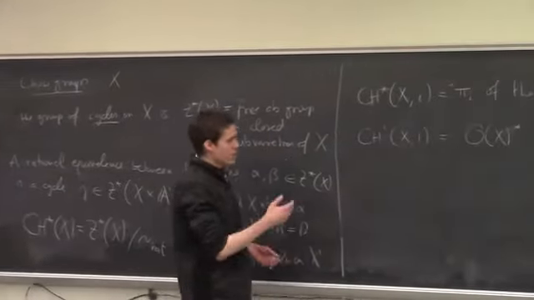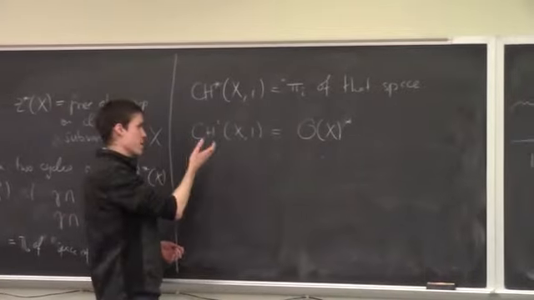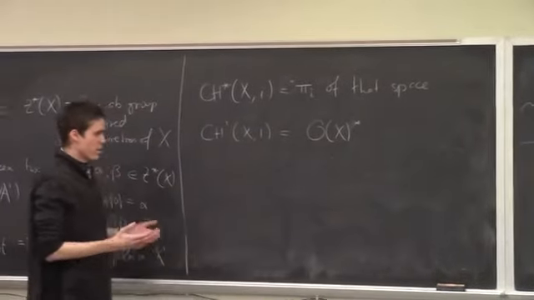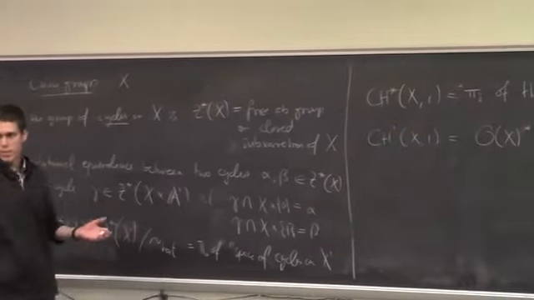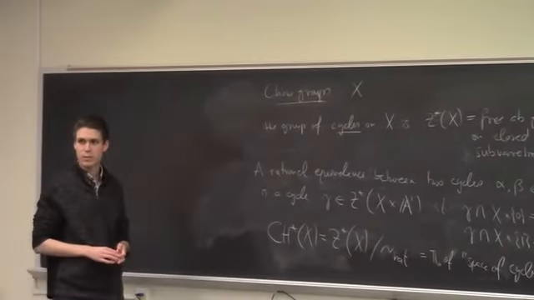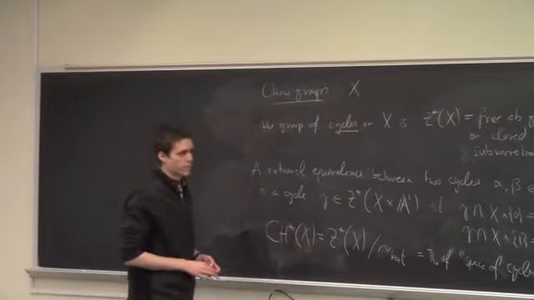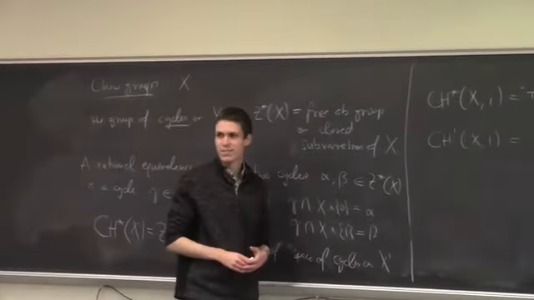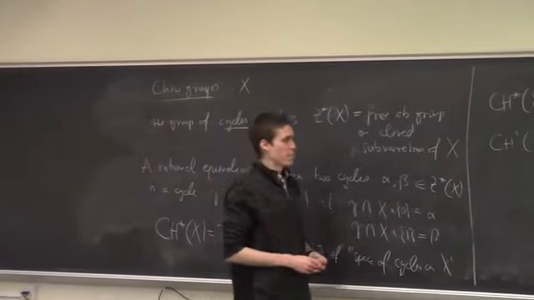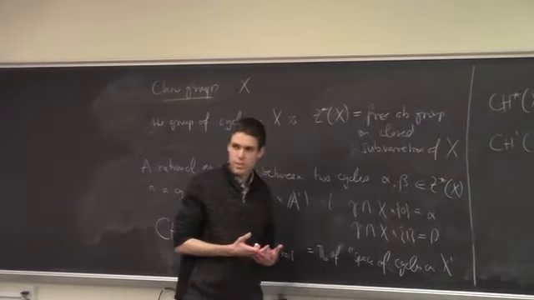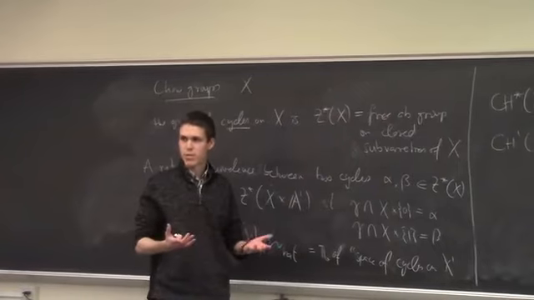But this illustrates something. If you work with the complex numbers, then this as an abelian group is a huge abelian group, which is not finitely generated. It's uncountably generated. This is because the field of complex numbers is a huge field from an algebraic perspective.